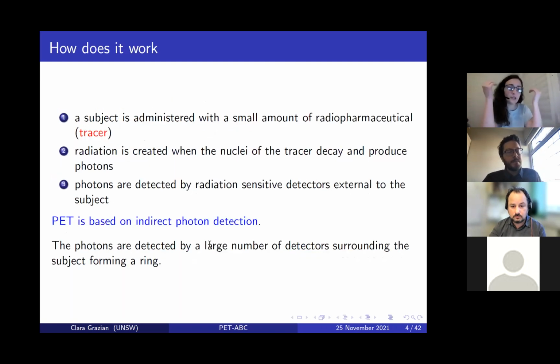So, as I said before, images collected from these technologies come from a process where a subject is administered a small amount of a particular tracer, and radiation is detected because the tracer decays and produces photons. Photons are detected by a machine external to the subject.